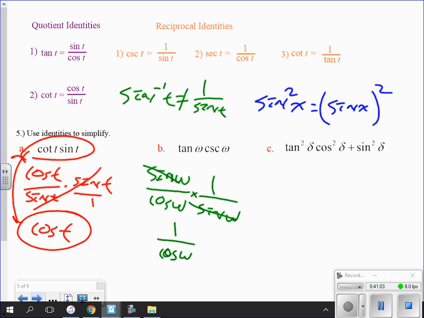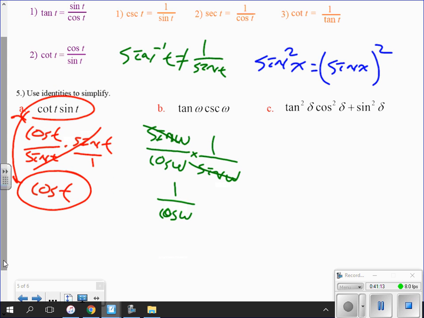Now here's a problem. I don't want fractions for my final answer. What is 1 over the cosine? Secant. So this is the secant of omega. Okay?